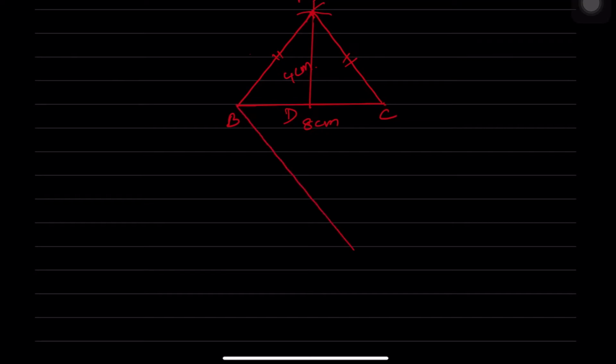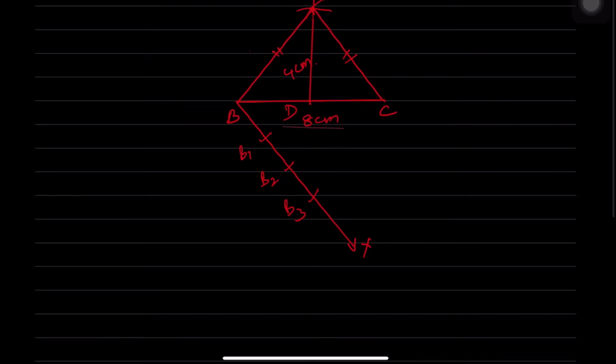This is the acute angle, marking this as X. Now again we take equal arcs from this point, 3 arcs. So 1, 2, 3. So this is B1, B2, B3, such that B1 is equal to B1, B2 is equal to B2, B3.